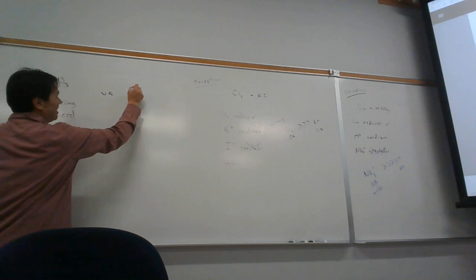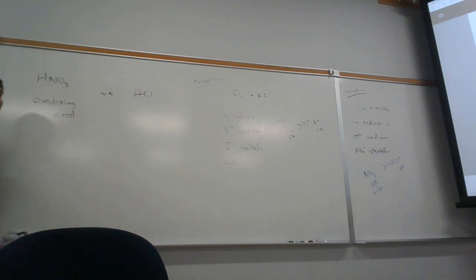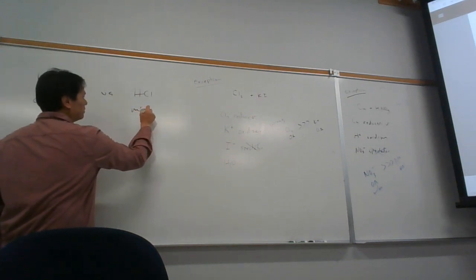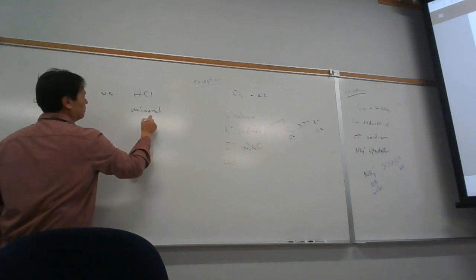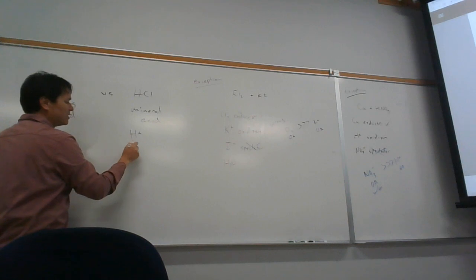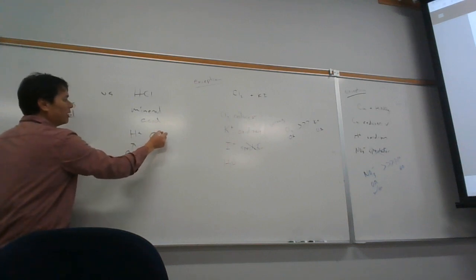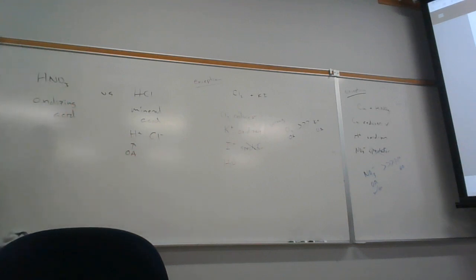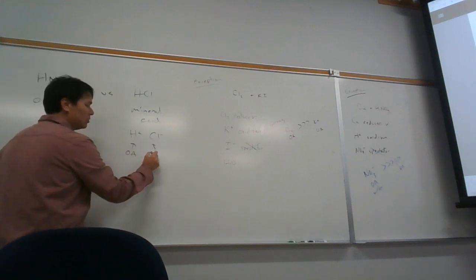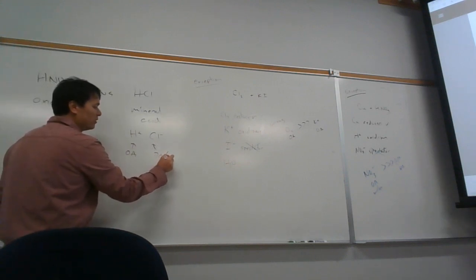Versus HCl: both of these are strong acids, nitric acid and hydrochloric acid. But HCl is not called an oxidizing acid. HCl is called a mineral acid. Well, H plus is an oxidizing agent. What about chloride? Chloride is not an oxidizing agent. Chloride is a reducing agent, and it's very weak.